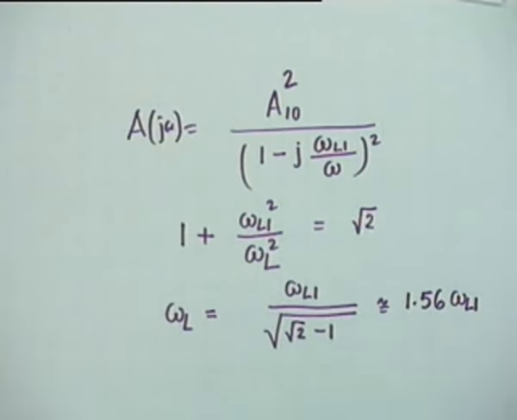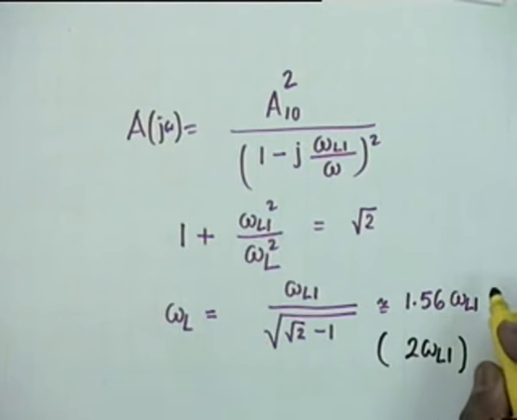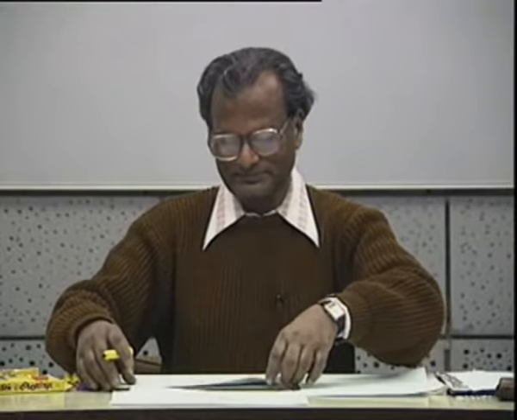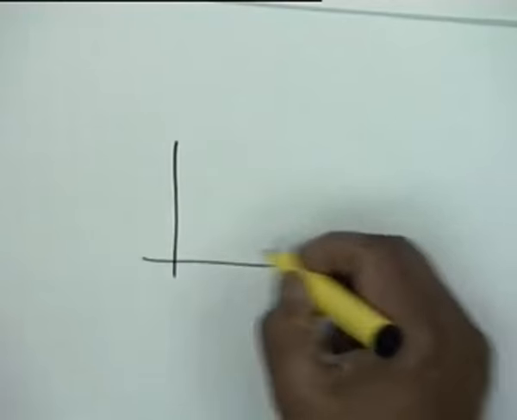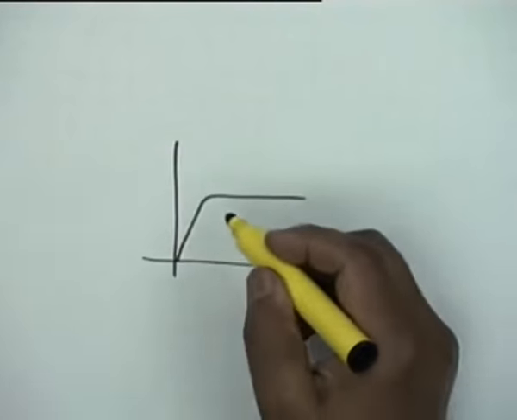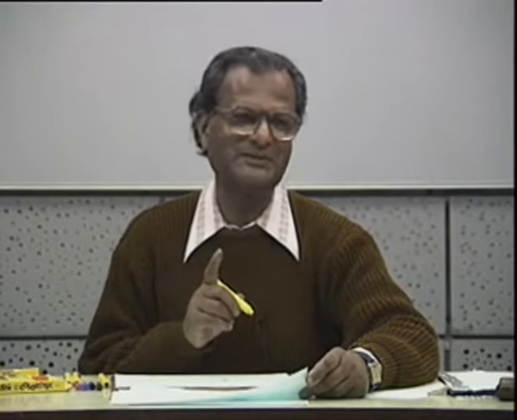What is our estimate by the method of short circuit time constants? Our estimate is twice omega L1, and therefore instead of twice omega L1, I get a smaller value. That means our estimate is again pessimistic.